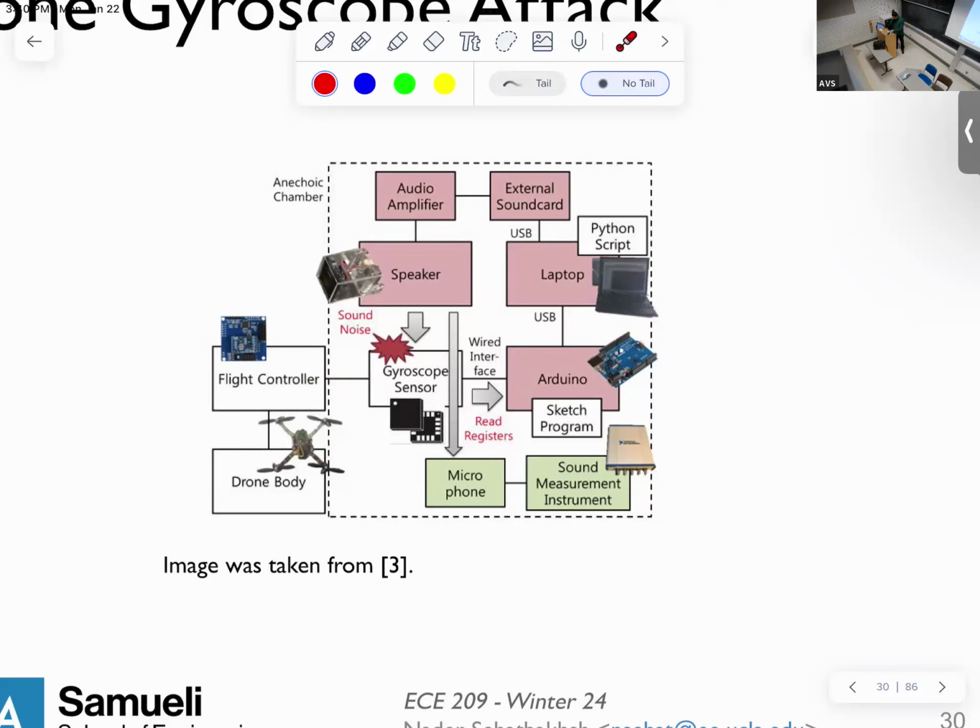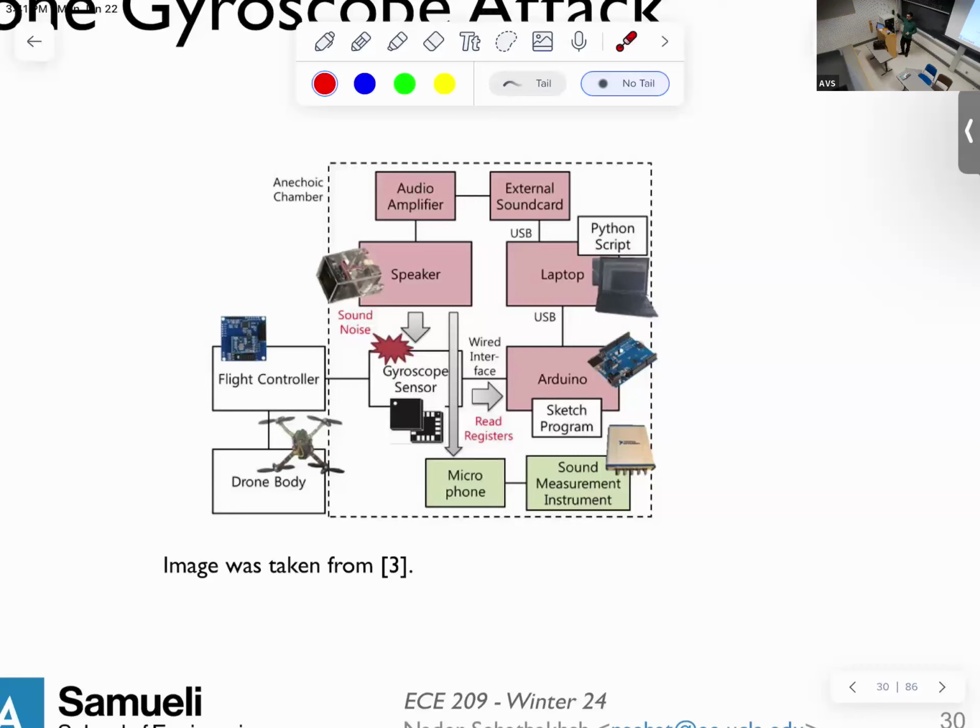Okay. So what these guys did is they have, let's say, a microcontroller like an Arduino. The microcontroller creates some sound signals. And then they have a sound card that creates the specific patterns of sound. And then of course they have an amplifier and speaker to broadcast this sound.